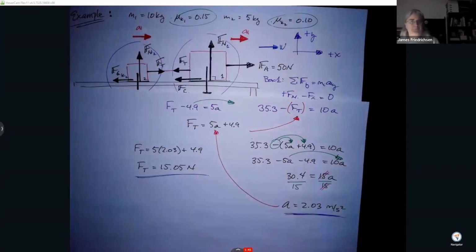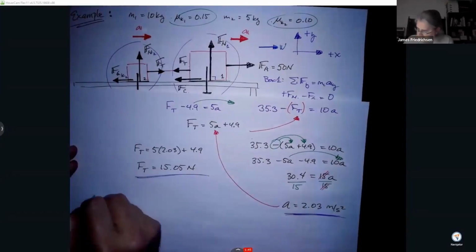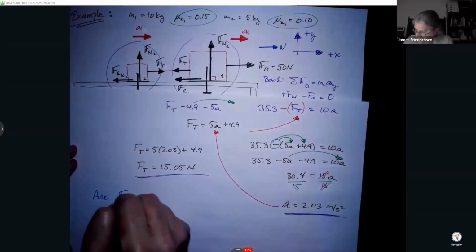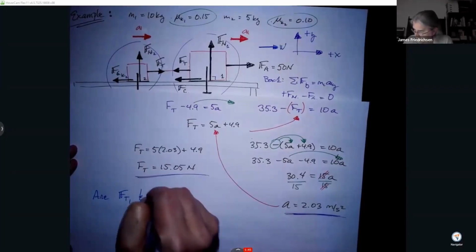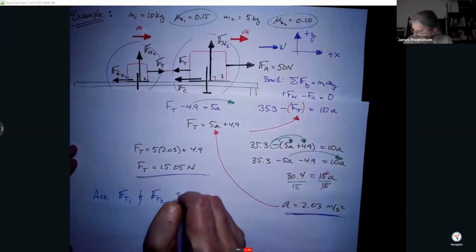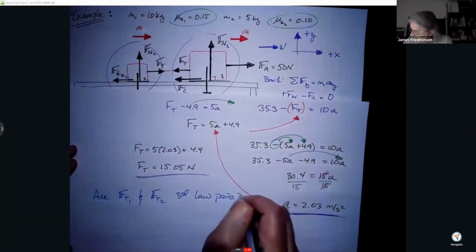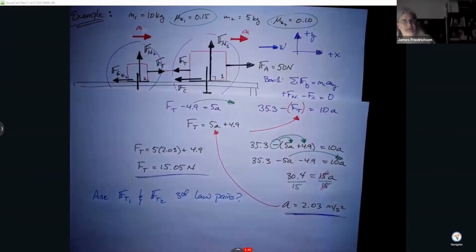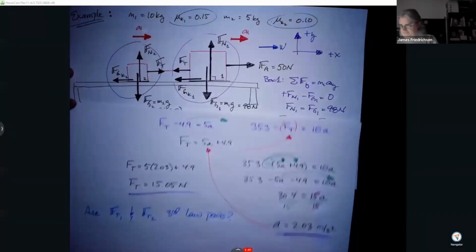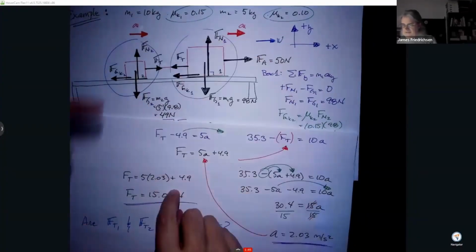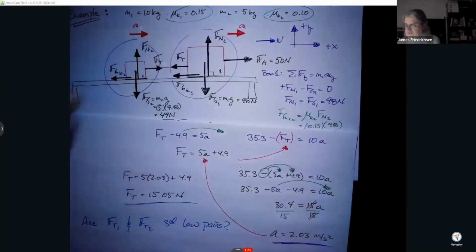Are those third law pairs? What do y'all think? Yay or nay? This is 15.05 newtons to the left. This is 15.05 newtons to the right.